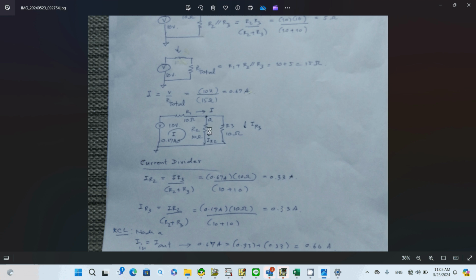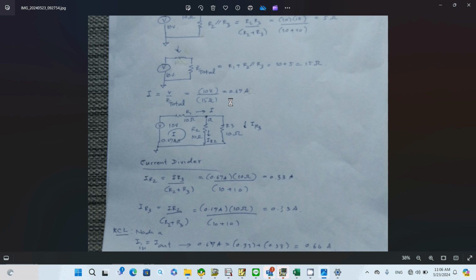Now you have the current 0.67 amps flowing, and then that's going to go through R2 and R3. But since R2 and R3 both have 10 ohms, you simply divide 0.67 by 2. That gives you about 0.333 amps.